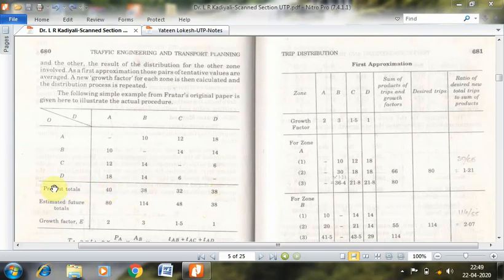Now when you have these two, that is the present total and the estimated future totals, you need to find out the corresponding growth factor E. This E represents the growth factor. So the ratio between the present total and the estimated future total gives you these growth factors.